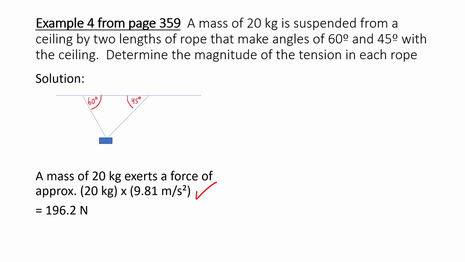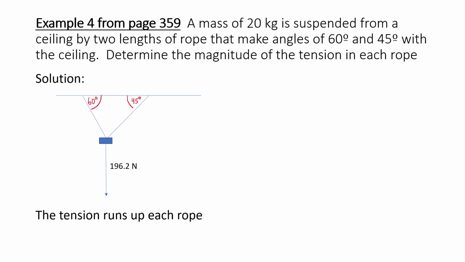So when we do that multiplication, we get 196.2 newtons. And again, that's approximate, but we'll use 196.2 for the rest of the solution. So we draw that 196.2 going down, but now we have tension running up each rope. So we can think of those tension vectors like this, one going up here, one going up here.